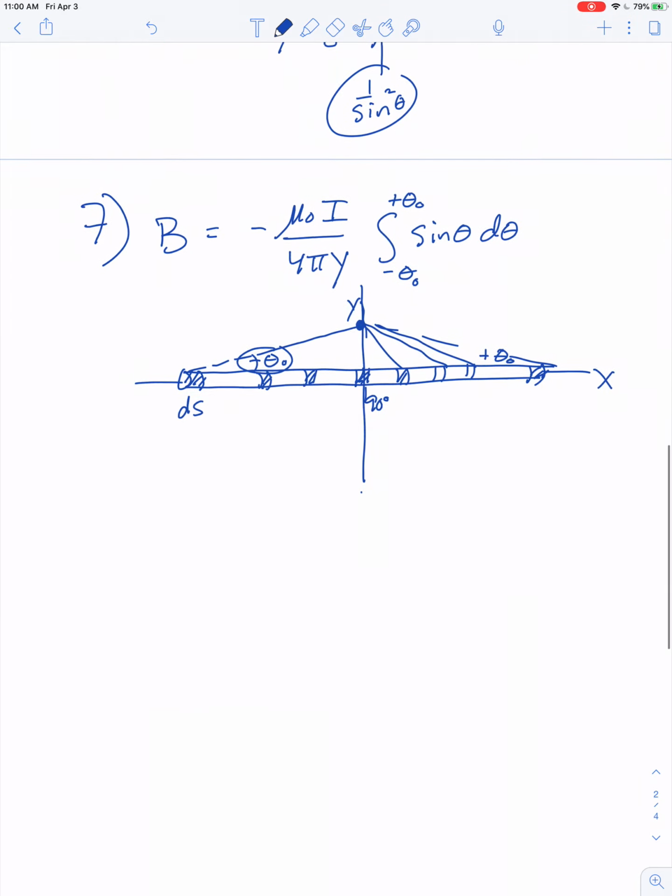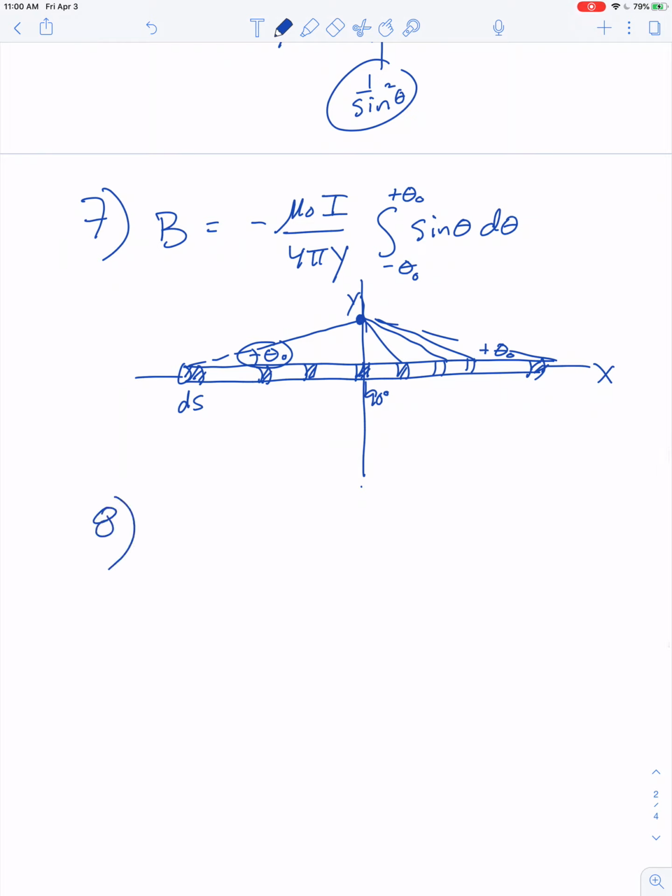The alternative to that would be to multiply by 2. So we can say it's negative 2 mu naught I over 4 pi y. Then instead of integrating from this ds to this one, we can integrate from there to there, right? So from 90 degrees to theta naught.